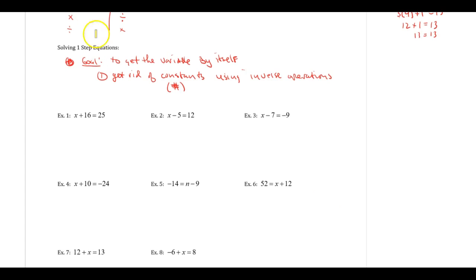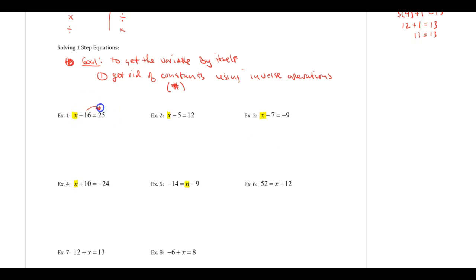Okay? So when I look at solving these equations, my goal is to get the variable by itself. Okay? That's my goal, to get the variable by itself. Which means, here's the thing. When I solve an equation, I have to get rid of the constant and bring it over.